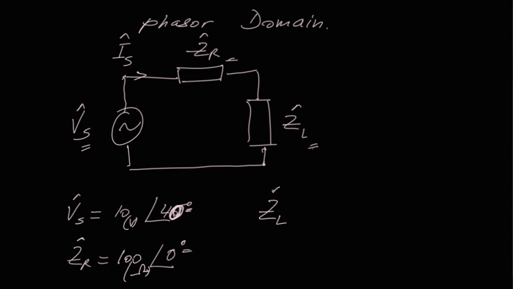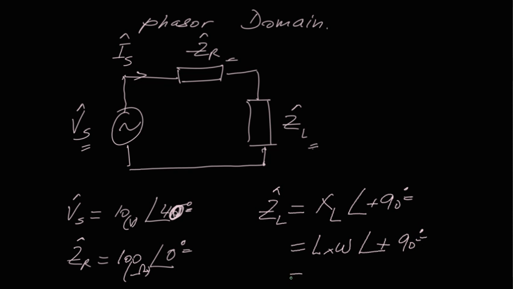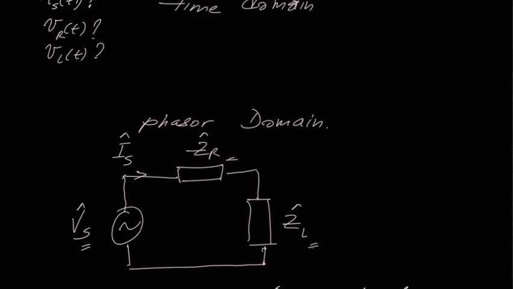ZL is also not very complicated. It's the reactance of the inductor and plus 90 degrees. Now, what is the reactance of the inductor? L times omega, plus 90 degrees. Let's plug in the values. L was 1.5 henries.